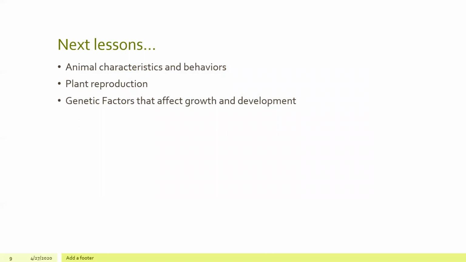And then we'll go into plant reproduction. And then we'll start to talk about genetic factors and the effects on growth and development. And then we can get really hot and heavy with genetics on a molecular level, looking at Mendelian genetics and genetic variation and predicting the probability of next generations.